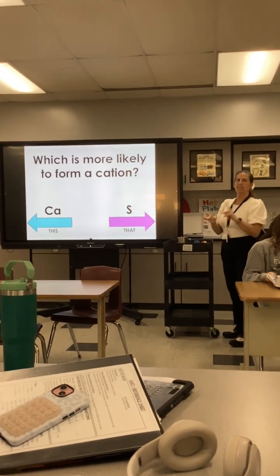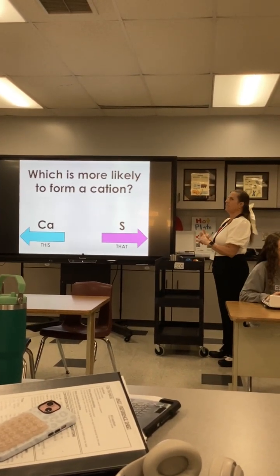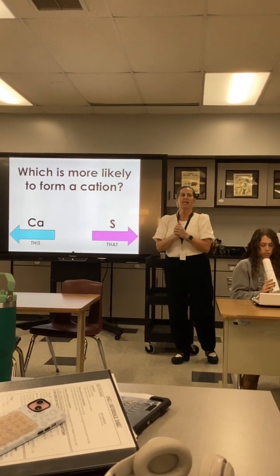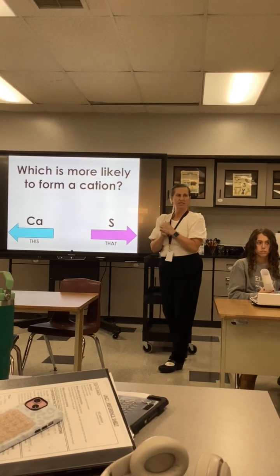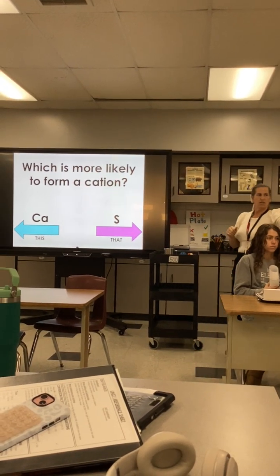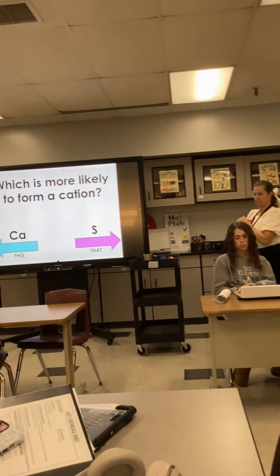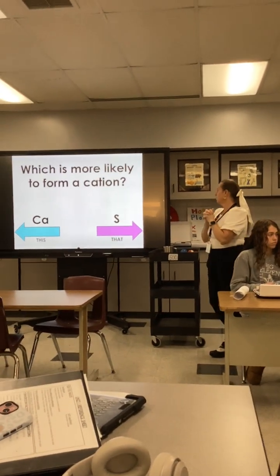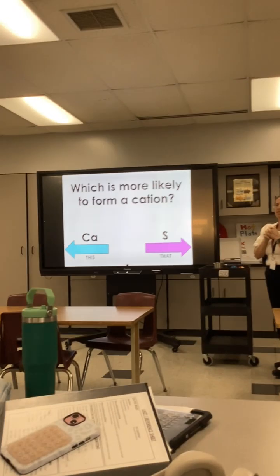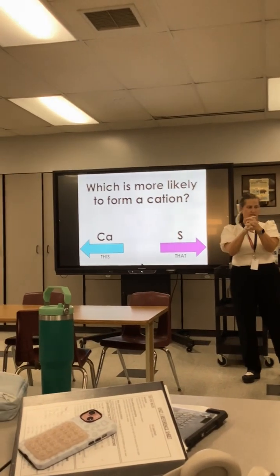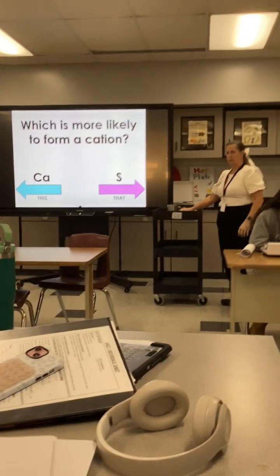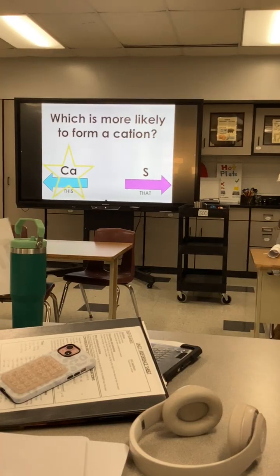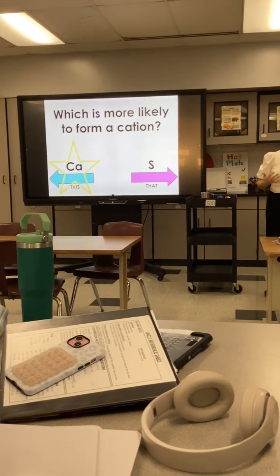We're not dealing with ionization energy or electronegativity or atomic radius. This one's asking, which one is more likely to form a cation? Calcium or sulfur? Remember, the ones on the left-hand side are the ones that are going to be positive.